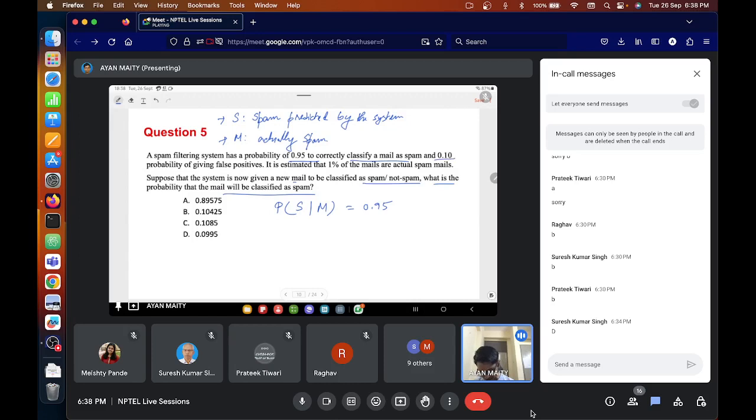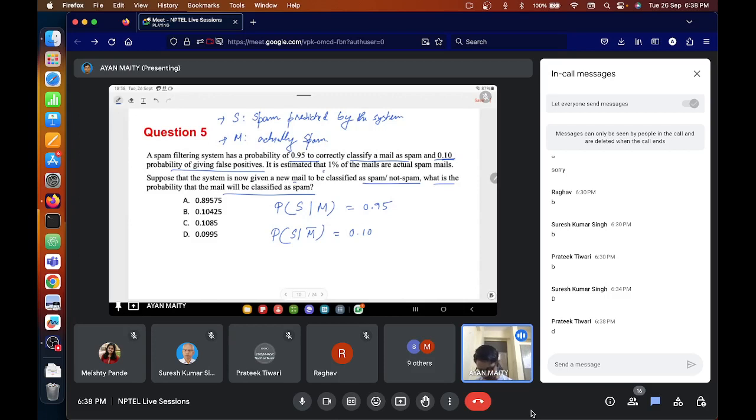Then the second probability given is 0.10, probability of giving false positives. False positive means those mails are classified as spam, but they are not actually spam. So, given that the mail is not a spam, it is predicted as spam. This is probability of S given M complement, and the probability is 0.10.